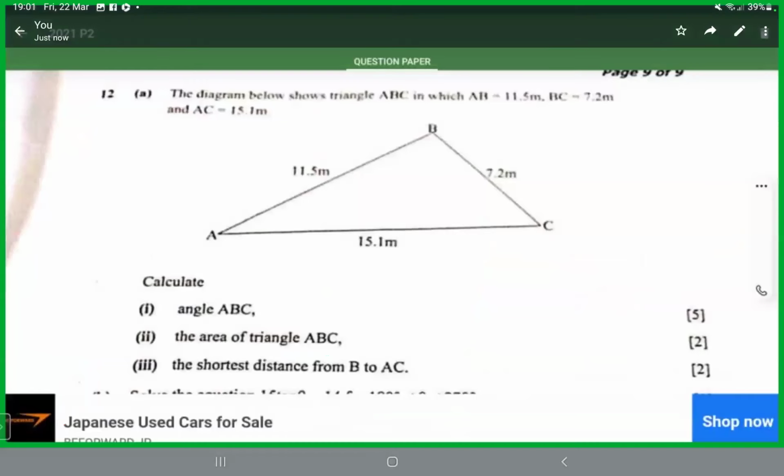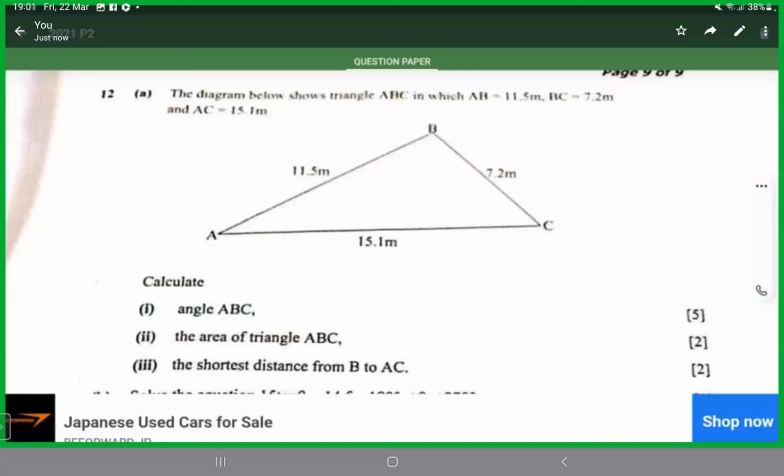I think we use the cosine rule. Yeah, we use the cosine rule, right? If you are given 3 sides, you have no angle, then you're asked to find an angle, you use the cosine rule. Remember? Yes.